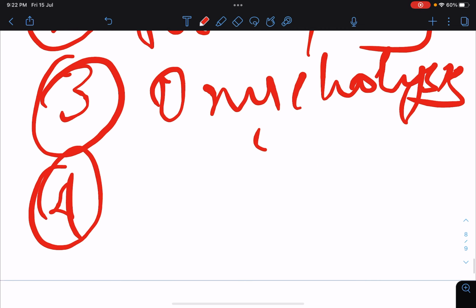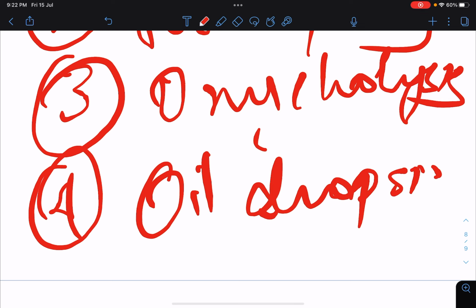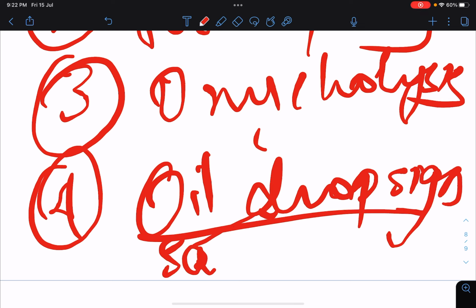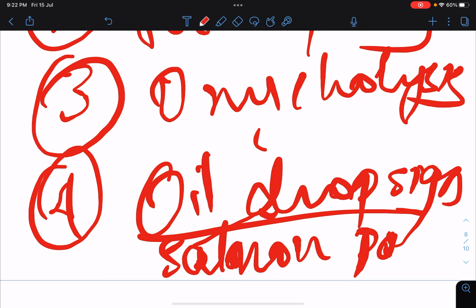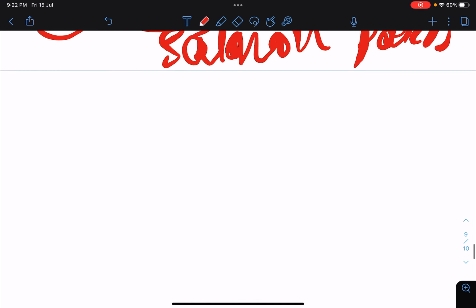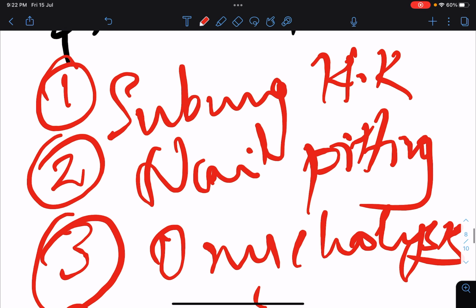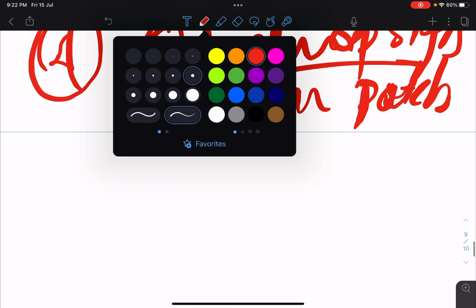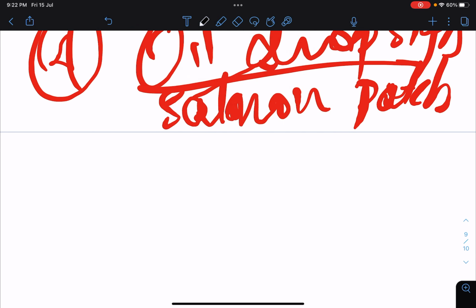And fourth is the oil drop sign, or the salmon patch, that is more commonly called. Now, once these four signs are taken care of, we've taken care of nail psoriasis, more or less.